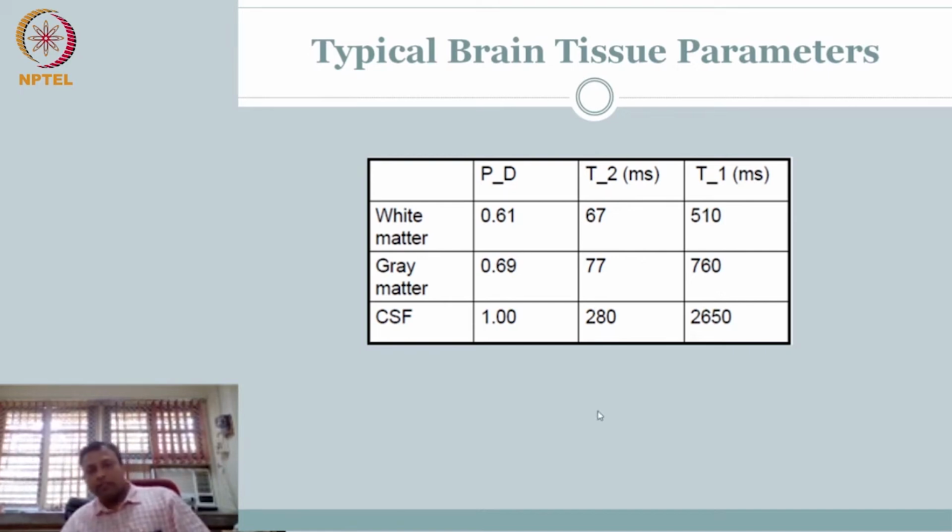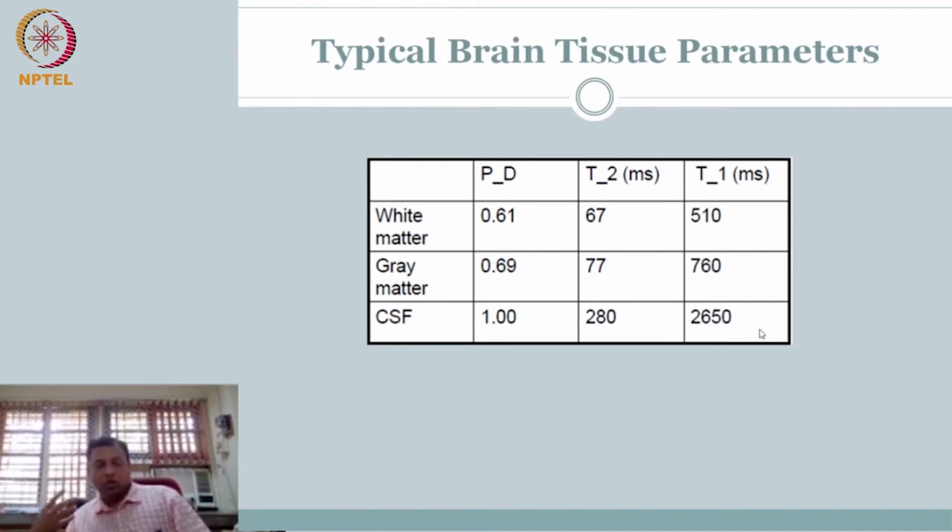So now the objective is, how do I get an image where I can see contrast predominantly due to differences in proton density, or mainly due to T2 or T1? The material is the same, it's going to be brain, which has three materials. Notice this material is undergoing PD, T2, T1, all happening simultaneously.